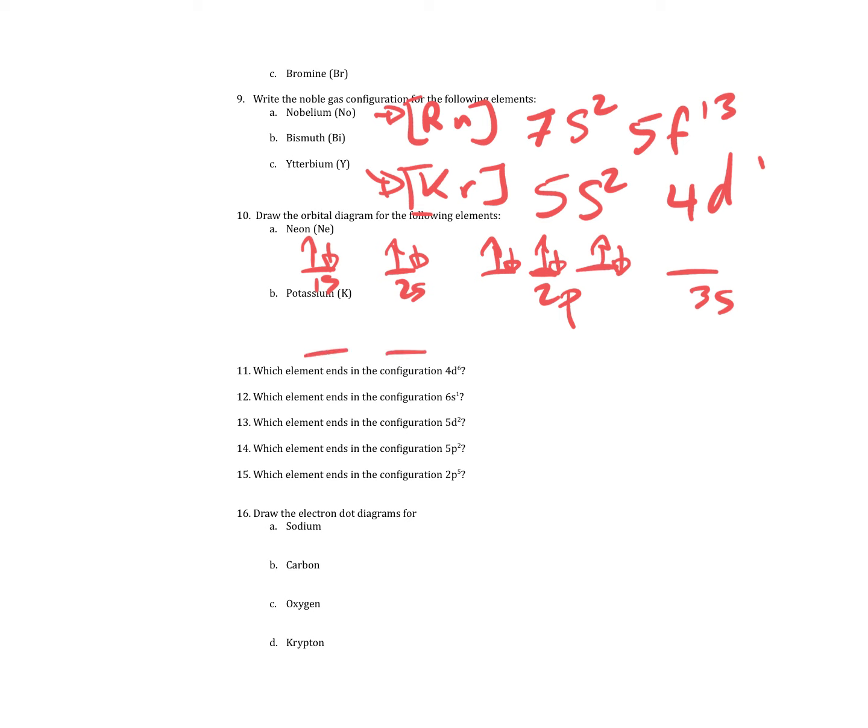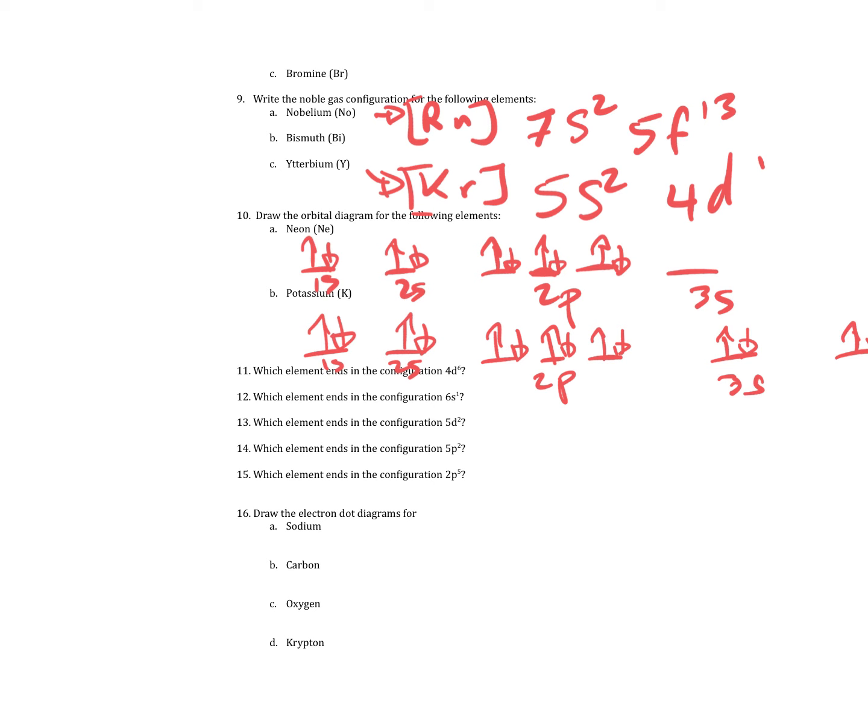So we go the same thing again: 1, 2, 3, 4, 5, 6, 7, 8, 9, 10, 11, 12, 13, 14, 15, 16, 17, 18, and therefore we need one more, which is now 4s, 19.